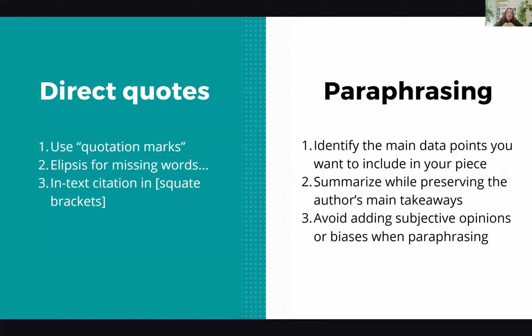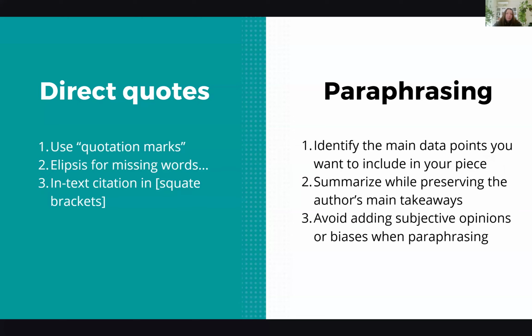If you decide to use direct quotes, it's definitely best if you include quotation marks. So if you copy text directly from the source, include quotation marks, and definitely include the number of the source in square brackets.